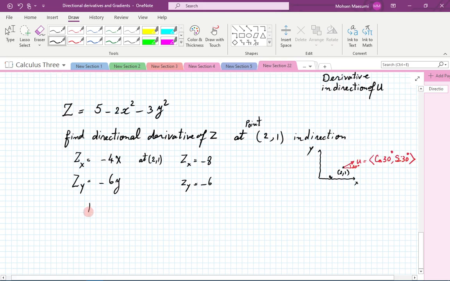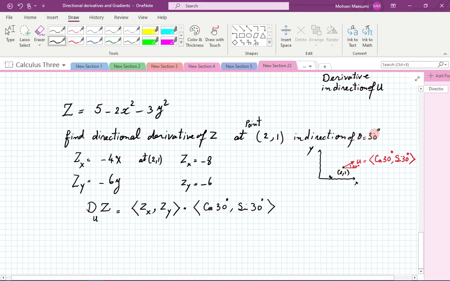So the directional derivative of z in direction of u, we said it is zx and zy, the partials, dotted with the vector that we have. The vector I have is cosine of 30 and sine of 30, in direction of, let's write theta is equal to 30 degrees.